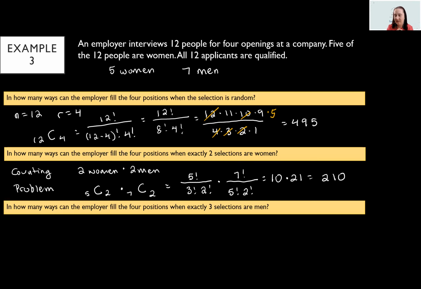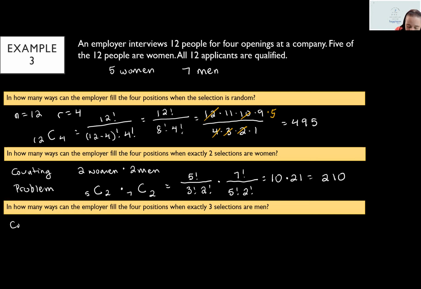If it didn't say exactly, then depending on the interpretation, you might think, well, maybe they just don't care what the 4th one is, and that includes men and women. And then that gets a little bit more complicated when you're looking at doing the math. But exactly 3 means, okay, 3 have to be men, so then we have to have 1 woman after that.